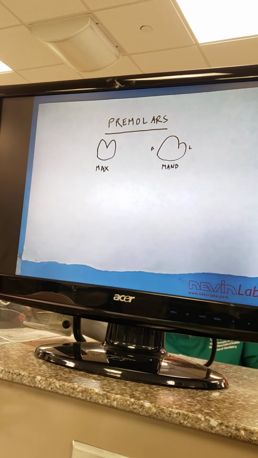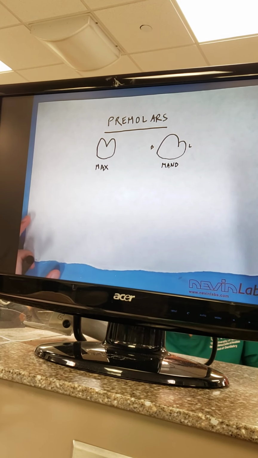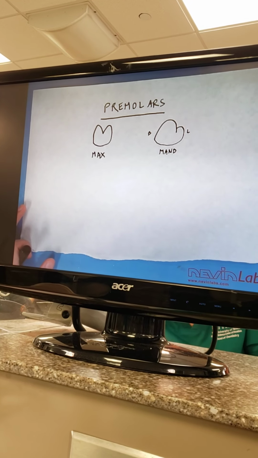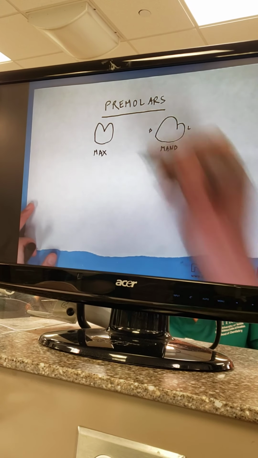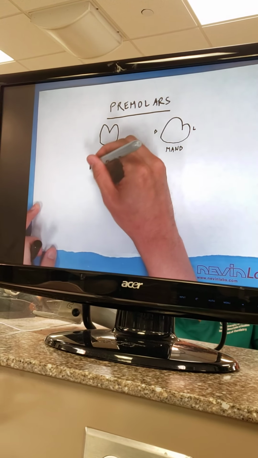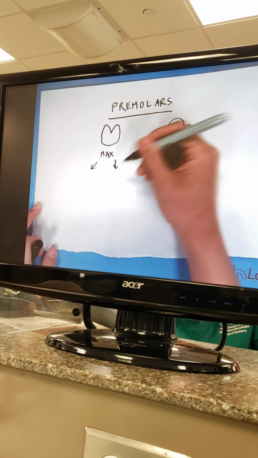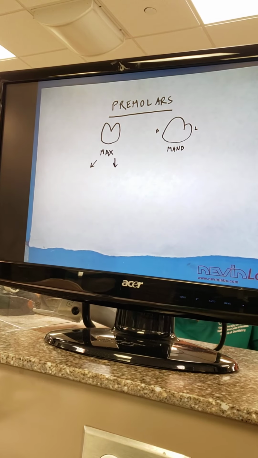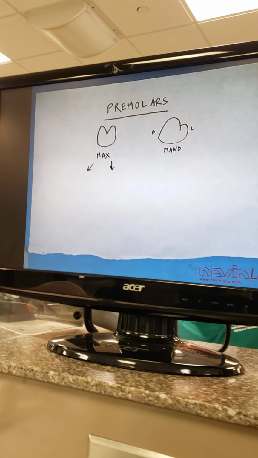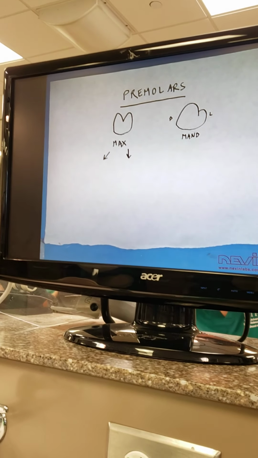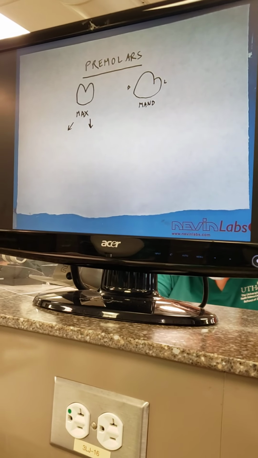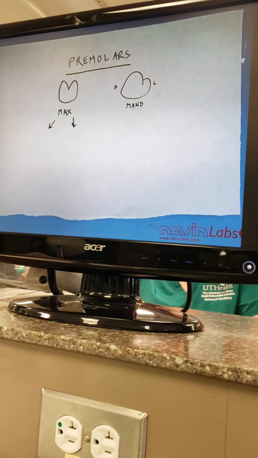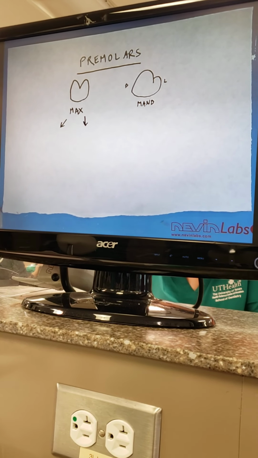Okay, so let's focus on the maxillary now. Remember I told you last time that on the tooth ID, you don't look at the roots. There's only one exception, and this is the exception. In fact, you will need to look at the roots to tell the difference, okay?